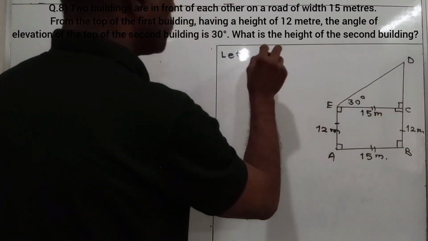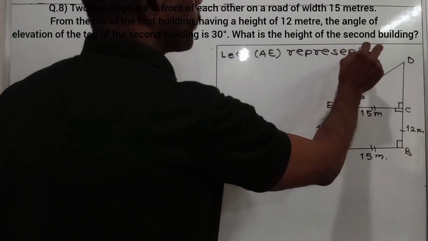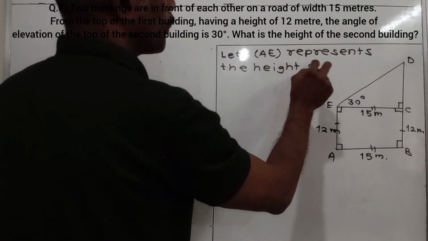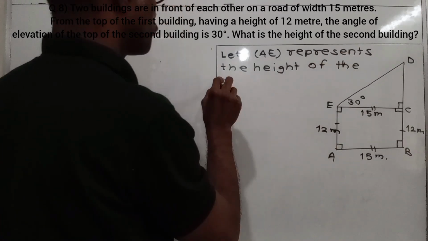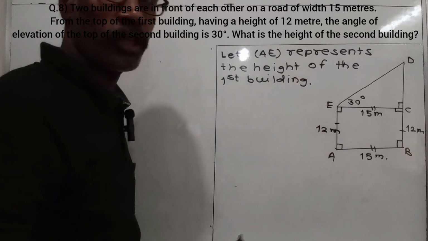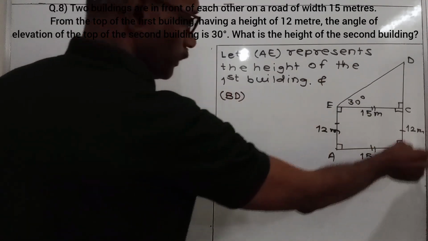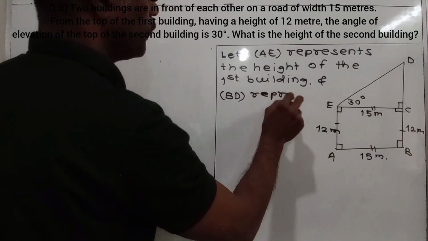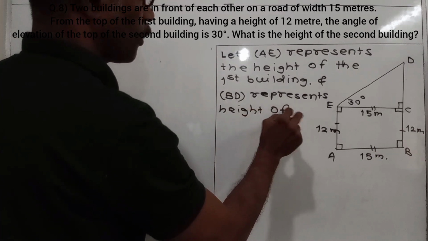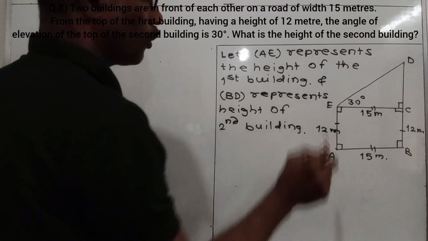Now see this here. Let AE represent the height of the first building, or smaller building, and BD represents the height of the second building, or taller building.